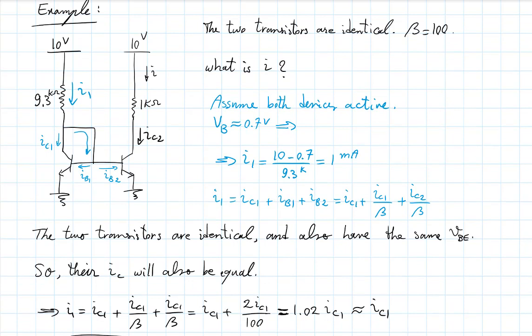Now, you might make an interesting observation. The value of I did not depend on that 1 kilo ohm resistor. What happened? Why is that?